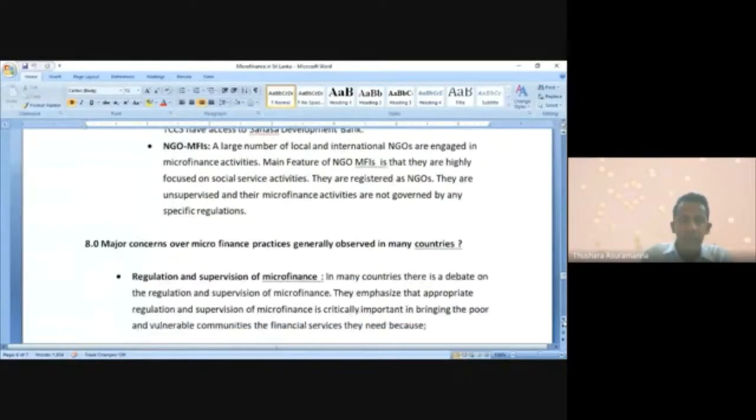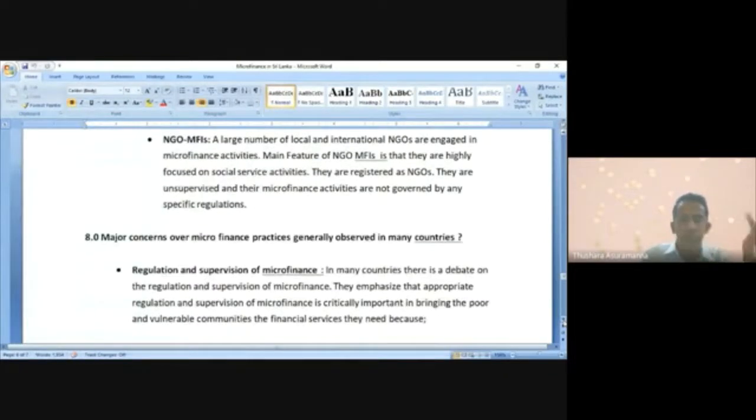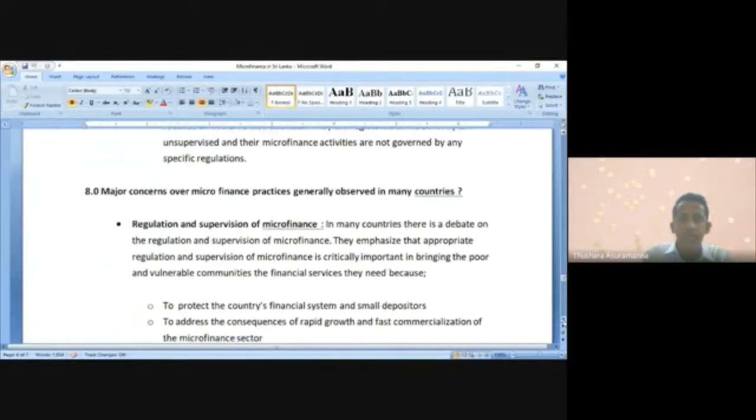Then what are the practices? These are the common practices and concerns when you try to do microfinancing business. Country to country, there may be some concerns like regulation and supervision. Even in Sri Lanka, though there is an act, it has not been very active. The supervision is not so great, the regulation is not so great.